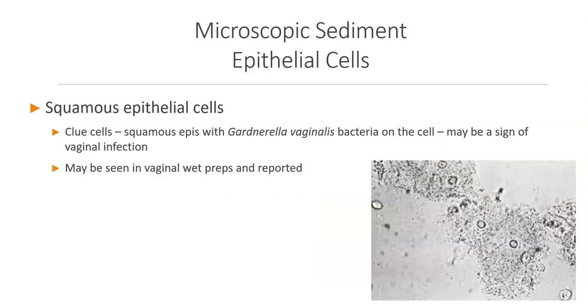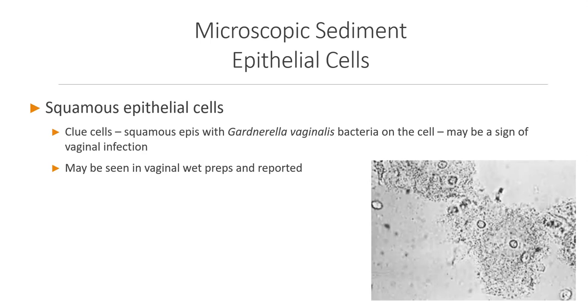An important characteristic of a cell that you need to be aware of are called clue cells. A clue cell is an epithelial cell of vaginal origin that may be seen in urine sediment. Clue cells are usually searched for in wet mounts of vaginal swabs. These cells are epithelial cells that are covered with a coccobacillus known as Gardnerella vaginalis and indicate bacterial vaginosis caused by this bacteria.